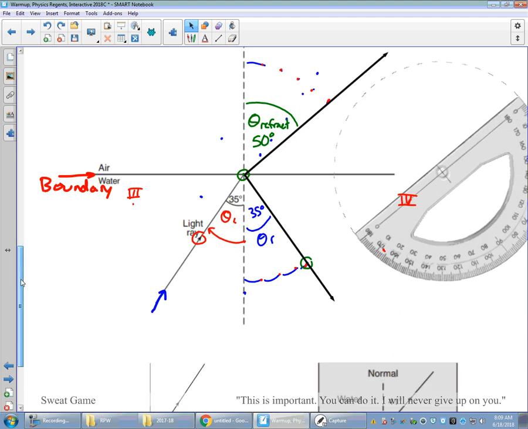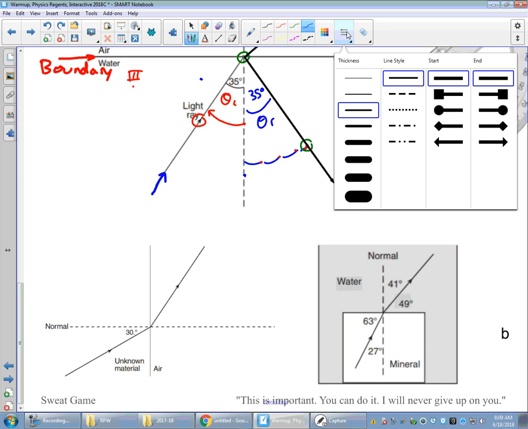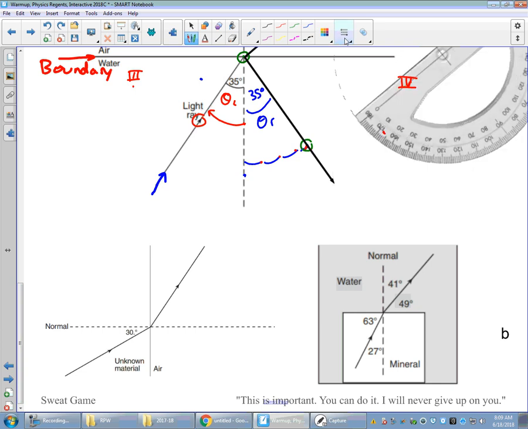Okay. Now, warning. Here are two diagrams from recent exams where your ability to know the incident and refracted angle is tested. Notice here on the left, your entire diagram has been rotated from what you are accustomed to. Unknown material, air, this is the boundary.